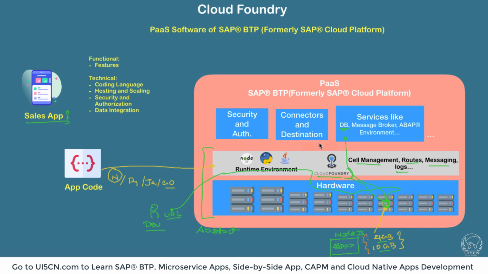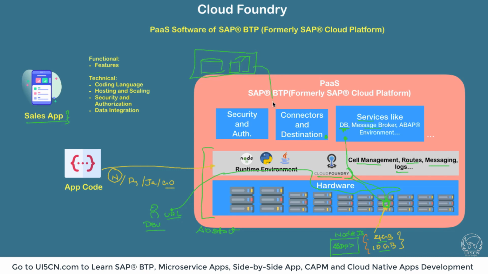Now Cloud Foundry can also, as we already discussed, integrate with existing services. So it can be a database or message broker service or workflow service of SAP. So all that can happen. It can integrate the application to that. And also there is the connection and destination service, so you can reach an on-premise system. For example, we have the customer database and server that are stored on the customer side.